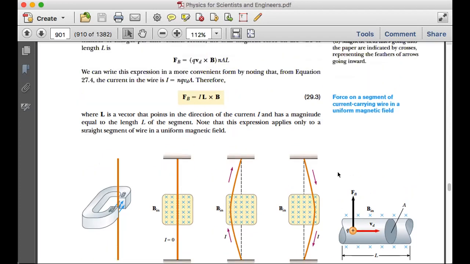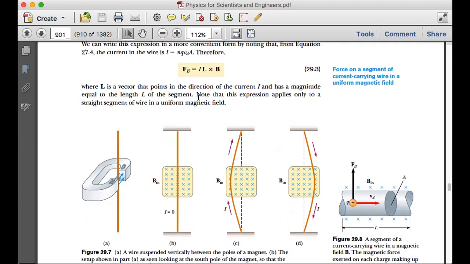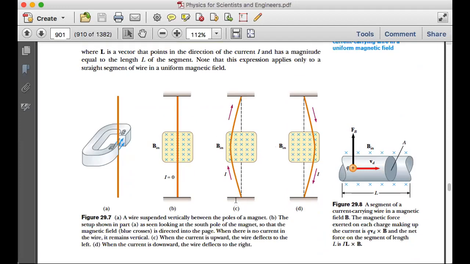Why is that? You see from 29.3, F equals I L cross B. The vector L is, for example, in figure 29.7C, from down to up. The direction of the magnetic field is inside the paper, inside the surface.